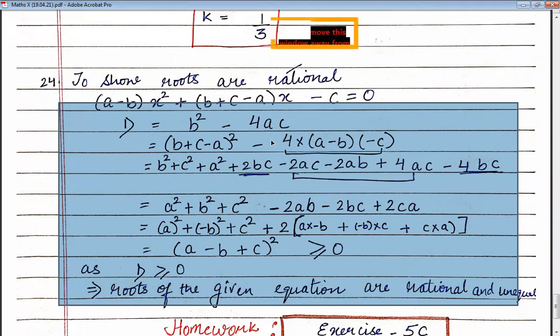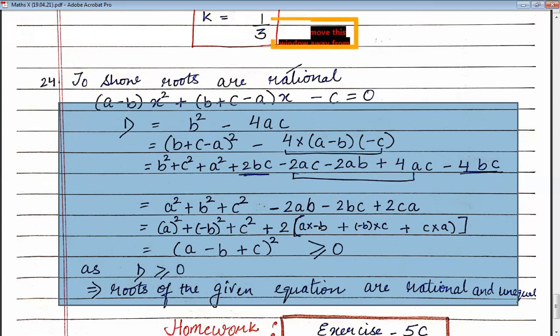Your discriminant is b square minus 4ac, which is equal to b plus c minus a, whole square, minus 4 times a minus b times minus c. So it is b square plus c square, you just have to apply the formula: b square plus c square plus a square plus 2bc minus 2ac minus 2ab plus 4ac minus 4bc.